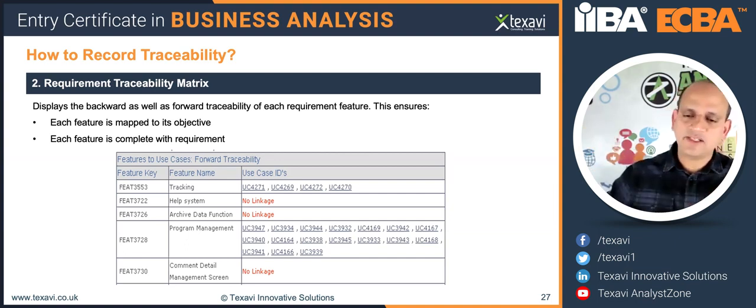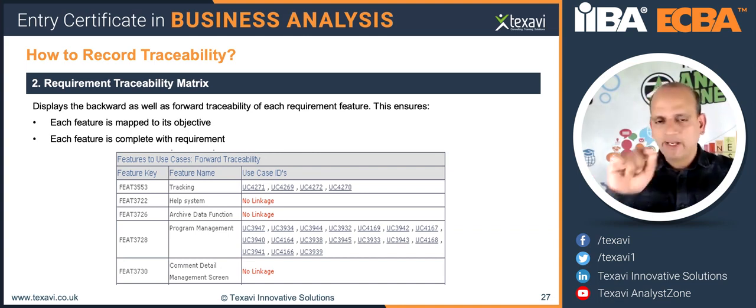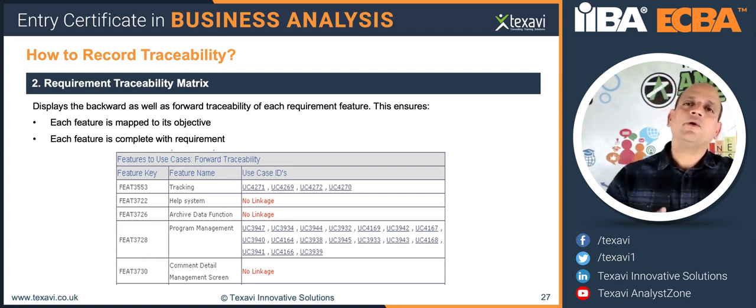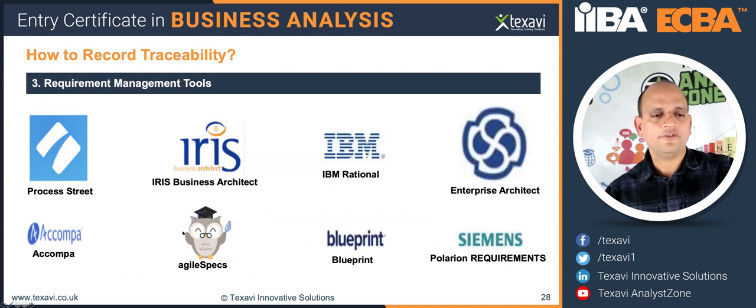That way you have total visibility of the entire set of activities involved. If any change needs to be made, you quickly know which code has to be picked up, which design document has to be updated, which architecture has to be reflected, and then changed. Very, very powerful.